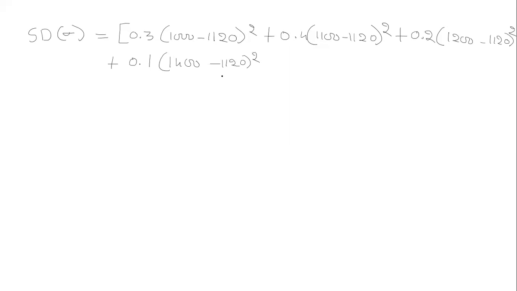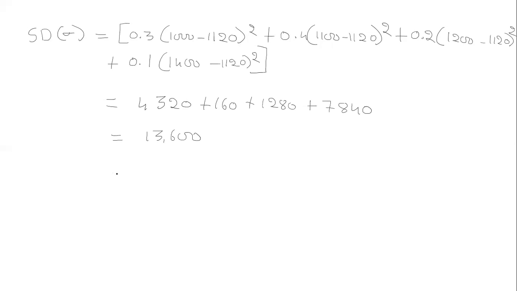After calculating this, we get the values. After solving, we get 4320 plus 160 plus 1280 plus 7840. Adding these, we get 13,600.